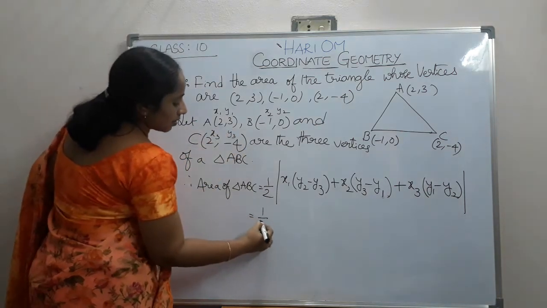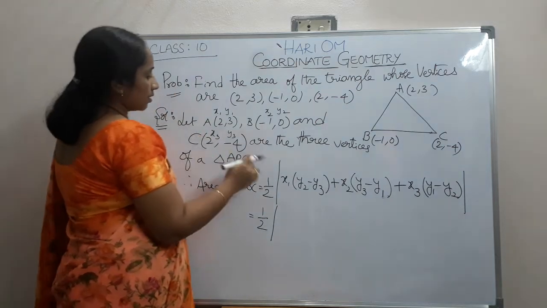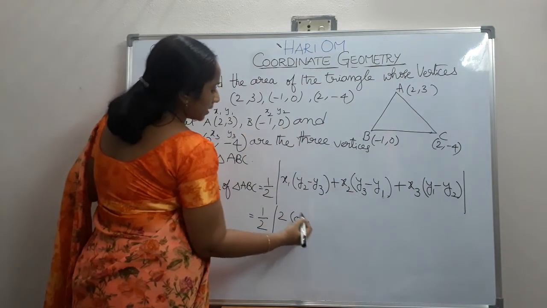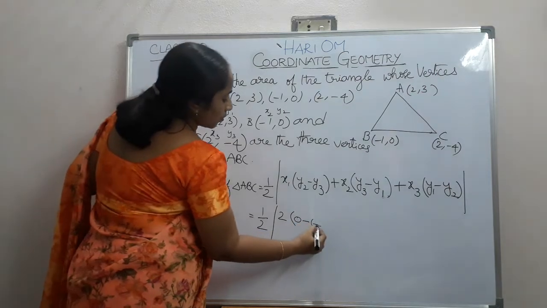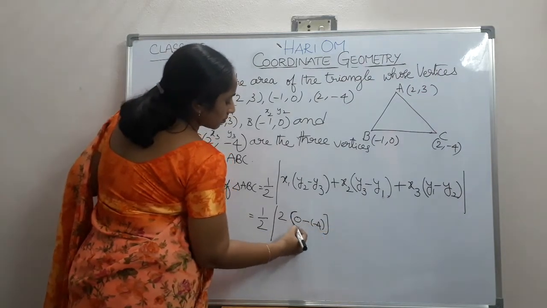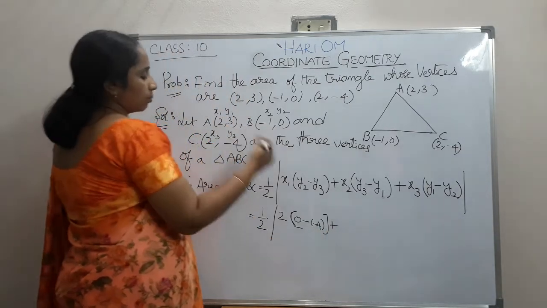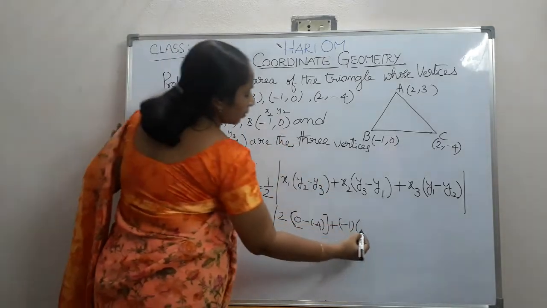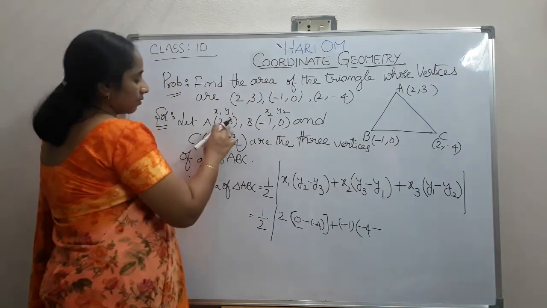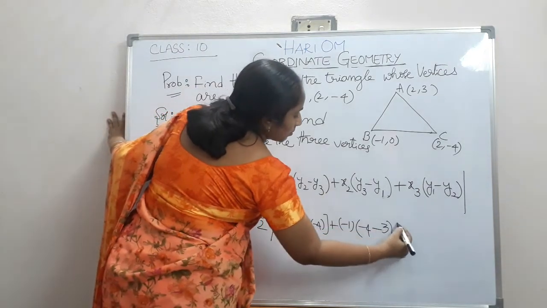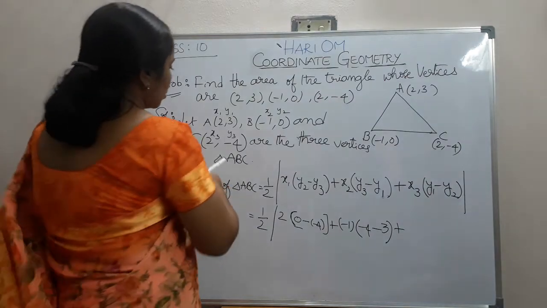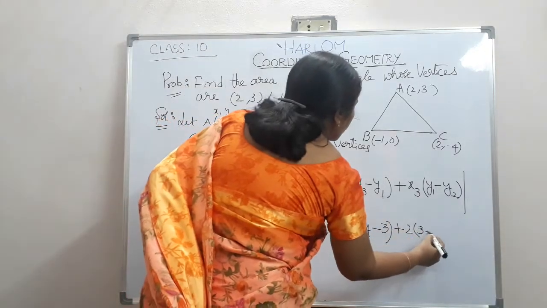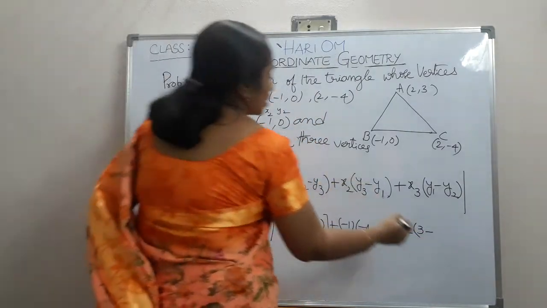It is 1 by 2 modulus of x1 = 2 into (y2 - y3) = (0 - (-4)), plus x2 = -1 into (y3 - y1) = (-4 - 3), plus x3 = 2 into (y1 - y2) = (3 - 0).